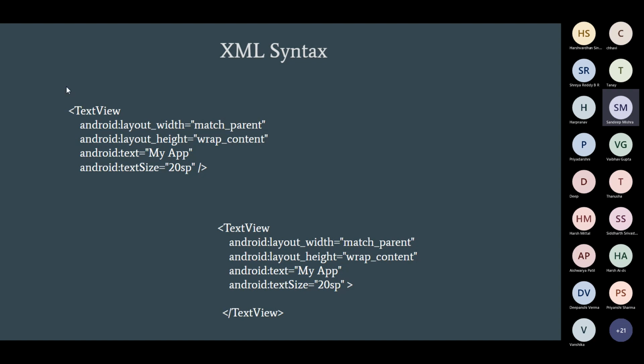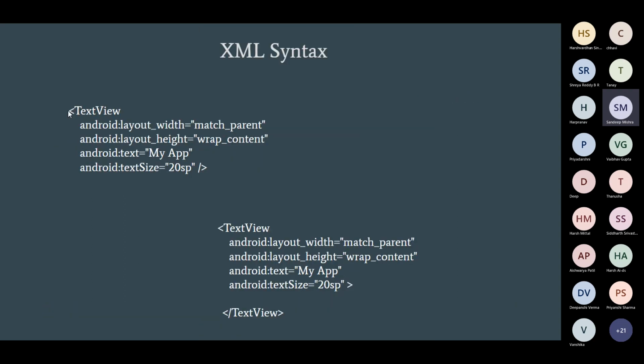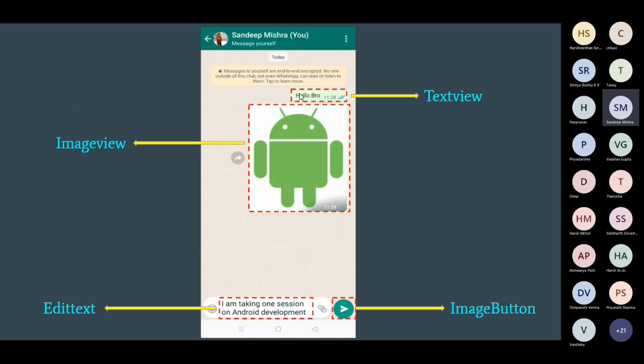So I'm explaining to you. In the XML syntax, whenever you want to write any view, like, as discussed, this is a text view. Wherever you want to describe this text view, you first put an open brace, then write TextView, and below that there are some attributes. As you can see in the image, the width of the "hello bro" is very short, which can take a large or small size depending on the text we are sending.